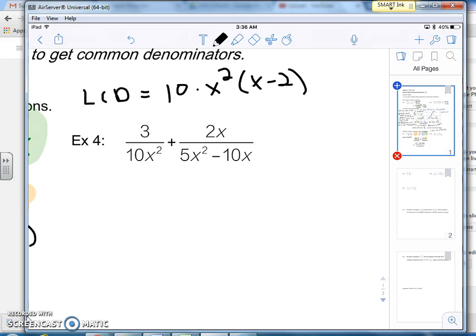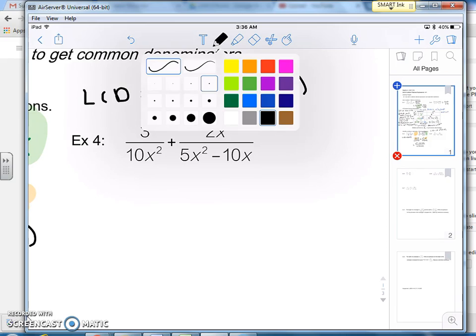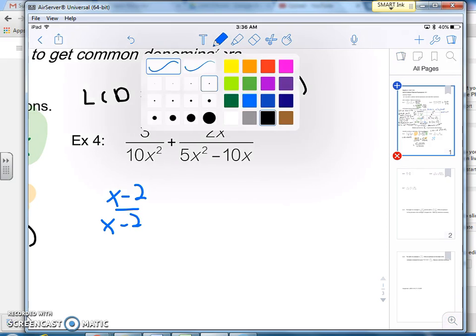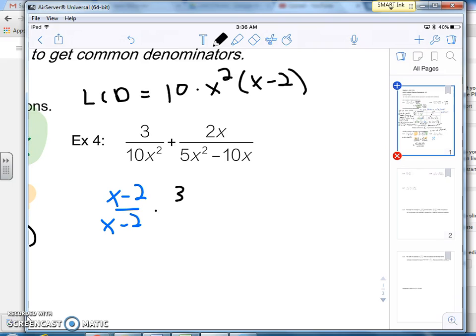So the first term is missing the x minus 2, so I'm going to multiply top and bottom by x minus 2 over x minus 2. And that gets multiplied by the 3 over 10x squared.